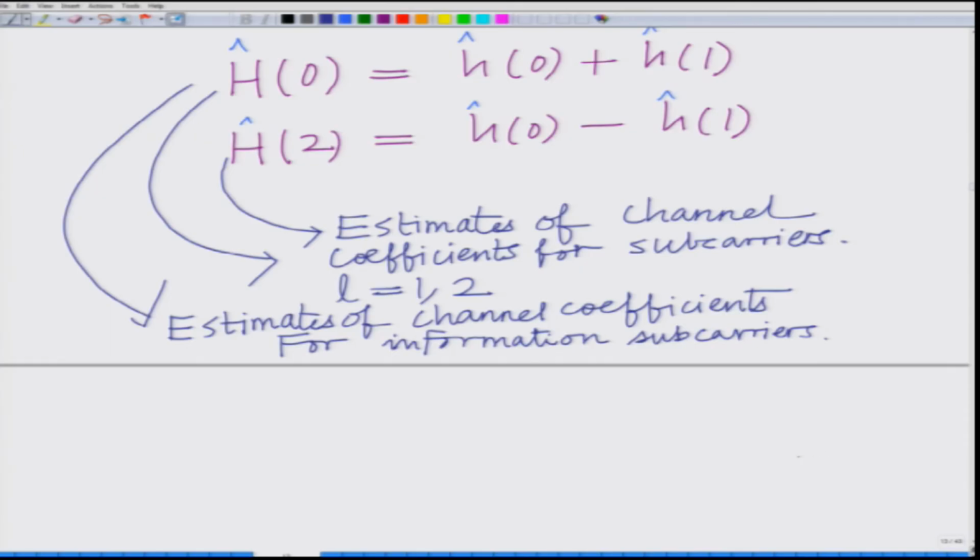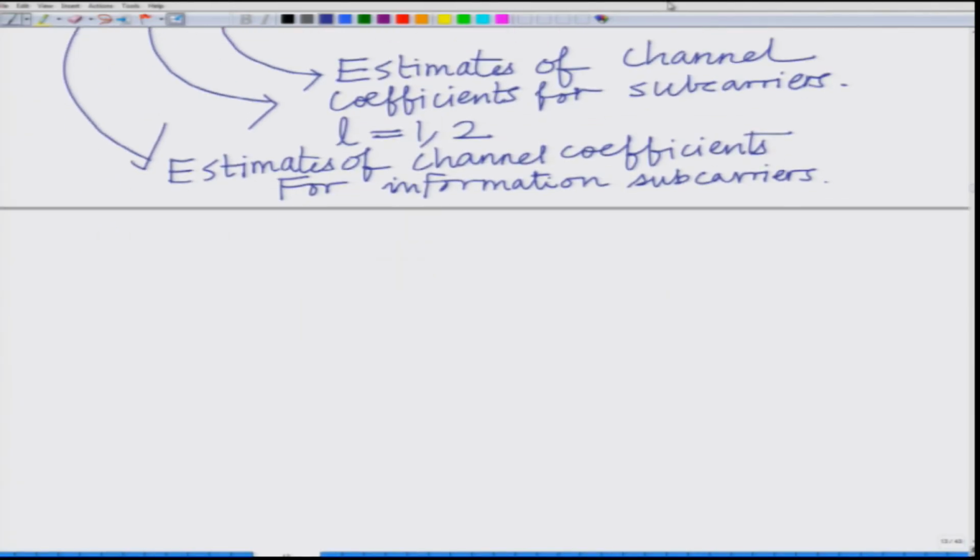These are the estimates of the channel coefficients for the information subcarriers, and that is what we have over here. So, if you look at this, we have something very interesting.